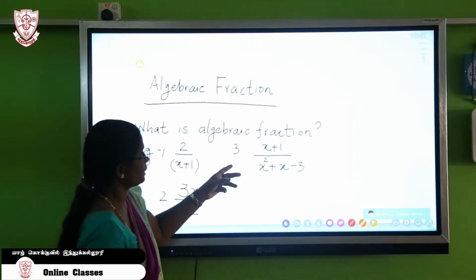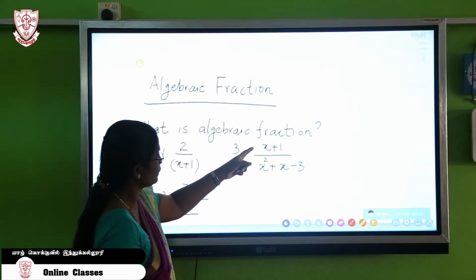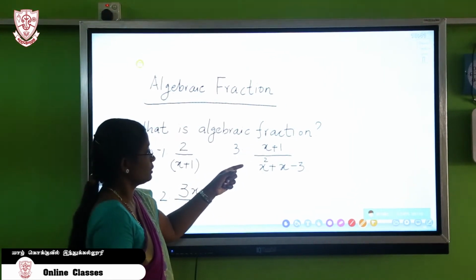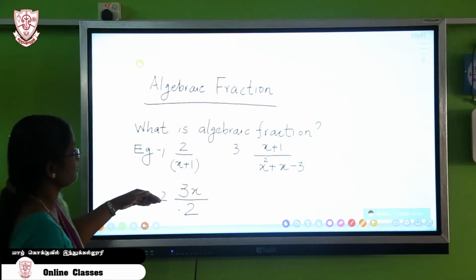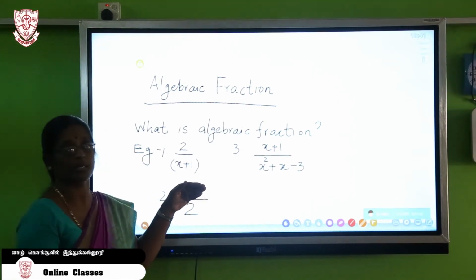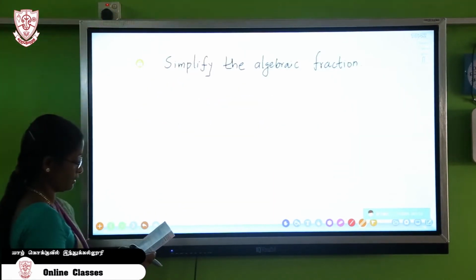This is an algebraic fraction. Here both the numerator and the denominator are algebraic expressions. So these types of algebraic fractions we can write, and then we can go on to how to simplify algebraic fractions.